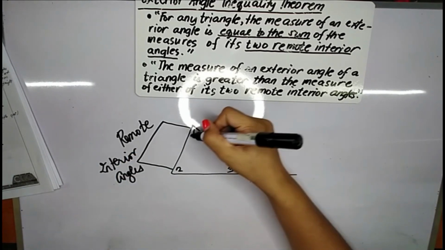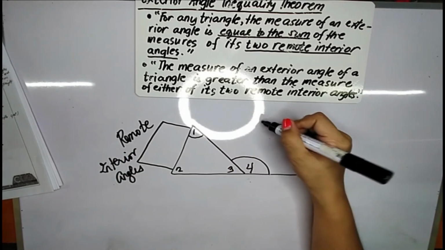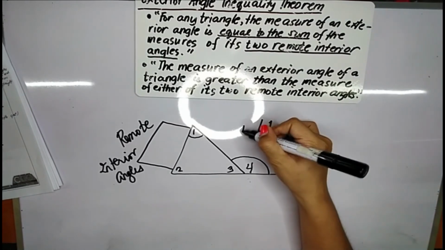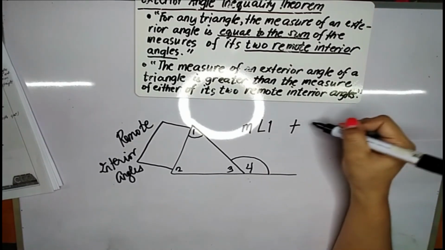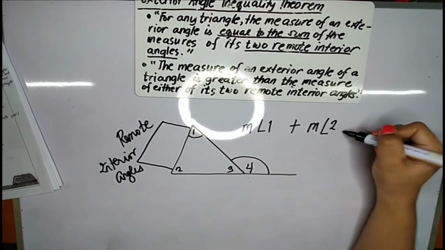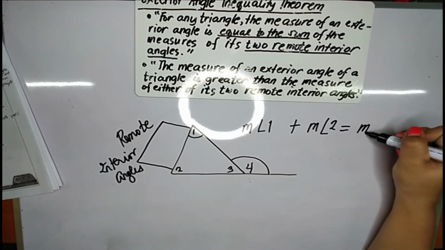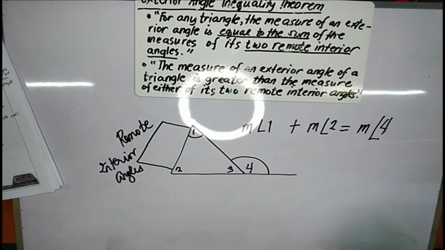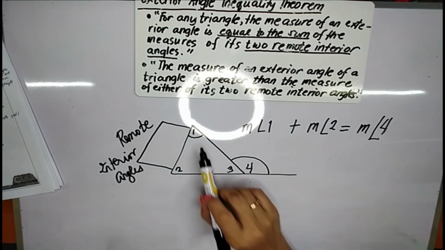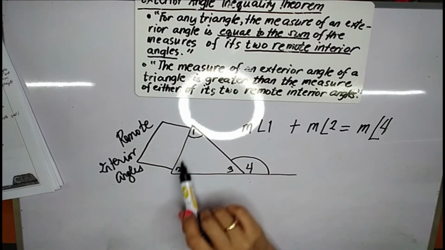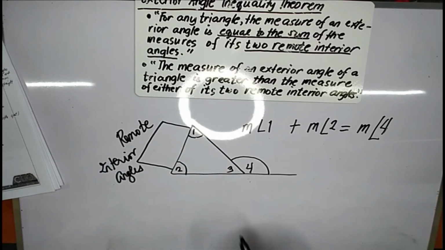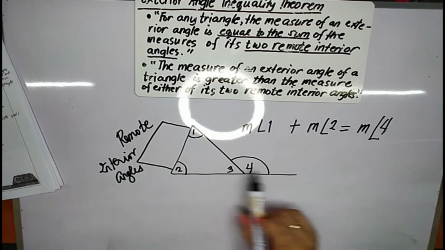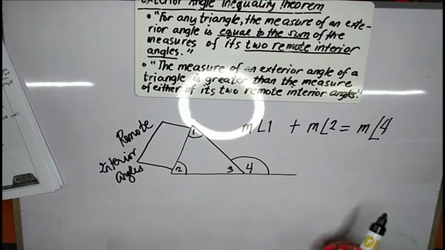Okay? So, si angle 1 daw, ang measurement niya, measure of angle 1 plus measure of angle 2 must be equal to the measure of the exterior angle, which is angle 4. Kani siya. So, kung imong tanawon, duha ka angle, duha ka remote interior angle in which ang ilang measurement kung imong i-plus, pariha siya og measurement, ang iyang sum, pariha og measurement sa exterior angle 4.